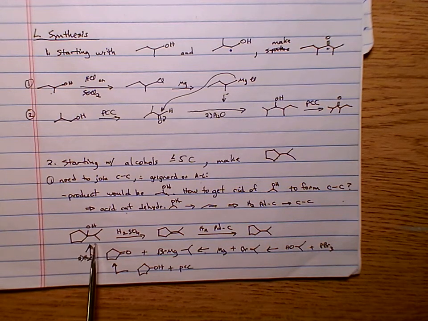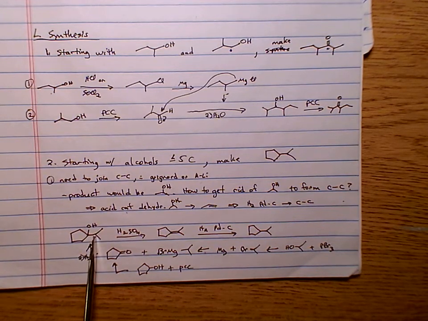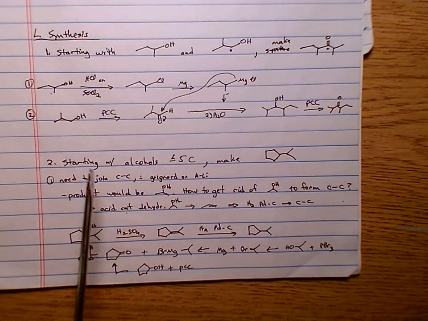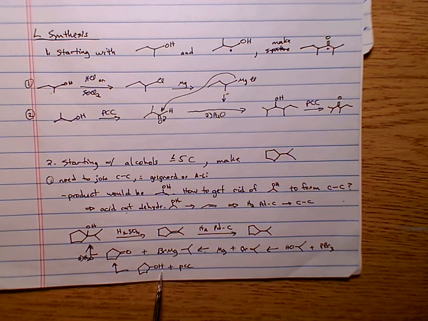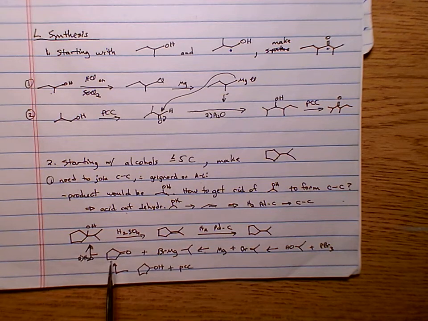So the question is then, how do I get a carbanion and how do I get this alcohol, how do I get this carbonyl compound, the cyclopentanone that I'm going to need? Well, I know if I have this 5-carbon alcohol and PCC, pyridinium chlorochromate, I can oxidize this alcohol, the secondary alcohol, to the ketone. So that's pretty straightforward.